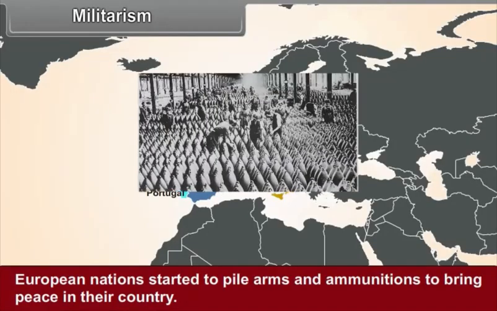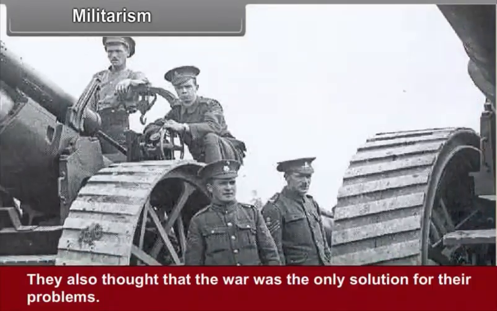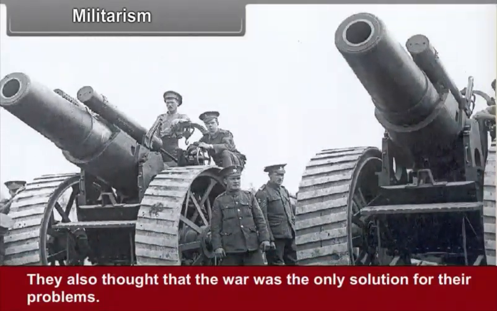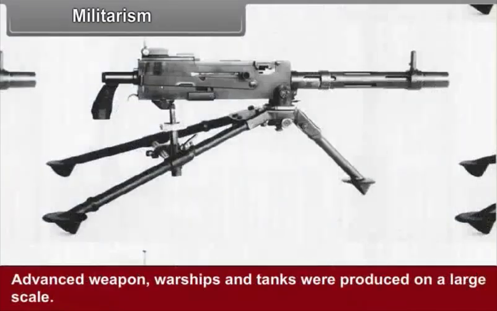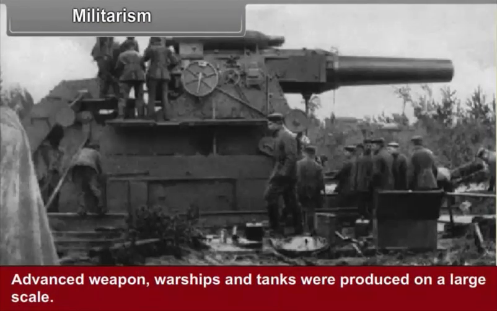Militarism. European nations started to pile up arms and ammunition to bring peace in their country. They also thought that war was the only solution for their problems. A large number of weapons and ammunition were manufactured in Europe. Advanced weapons, warships and tanks were produced on a large scale.